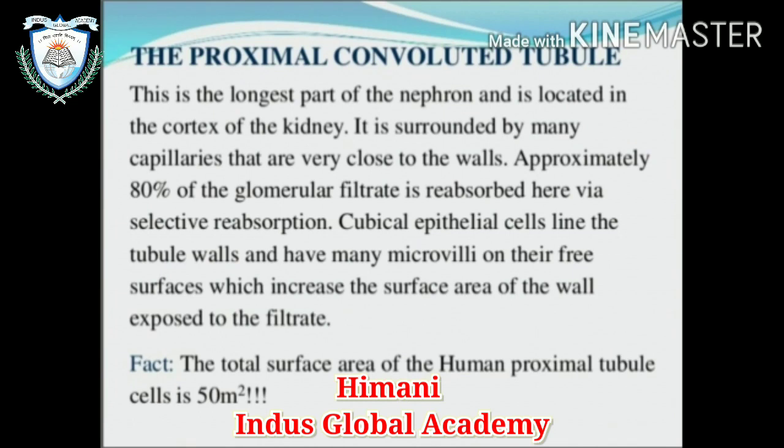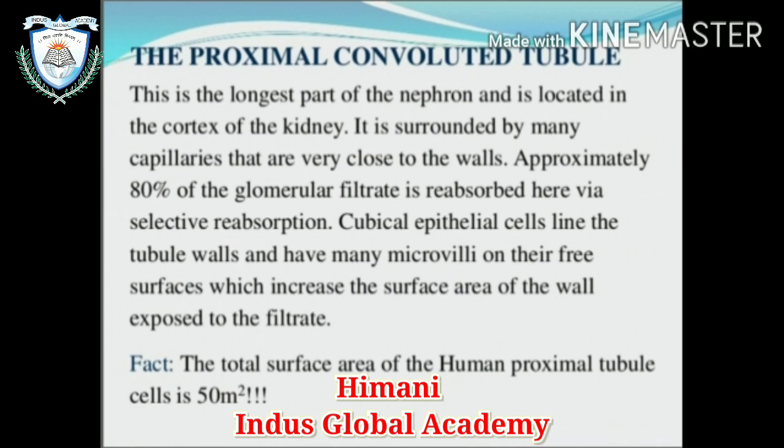So, PCT, proximal convoluted tubule, is the longest part of the nephron and is located in the cortex of the kidney. Two parts are there, cortex and the medulla. And it is surrounded by many capillaries that are very close to the walls. Approximately 80% of the glomerular filtrate is reabsorbed here via selective reabsorption.